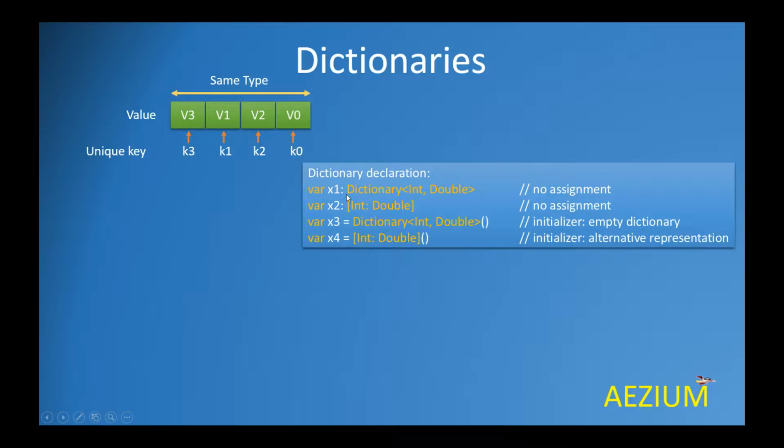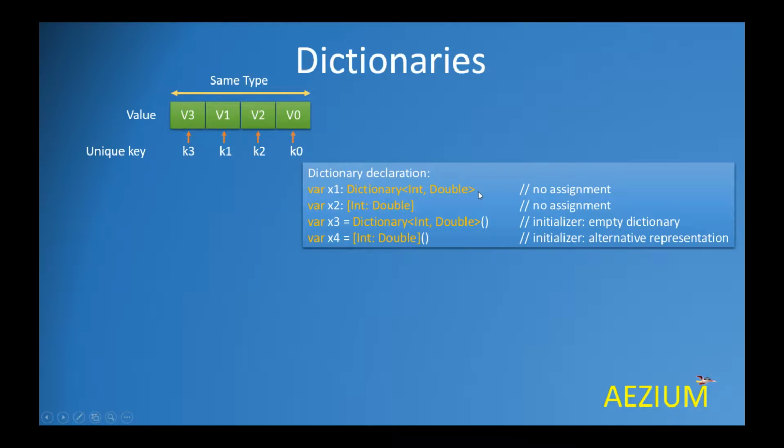If you're doing declaration alone, we can start with this long form of declaration where we are saying x1 is a variable of type dictionary, and the dictionary itself contains key value pairs where the key in this particular case is of type integer and the value is of type double. So each pair within the dictionary has a key and a value. The key is of type integer and the value is of type double.